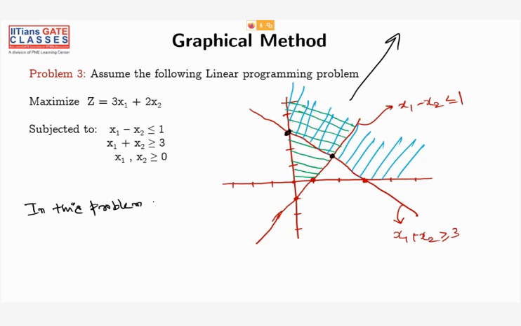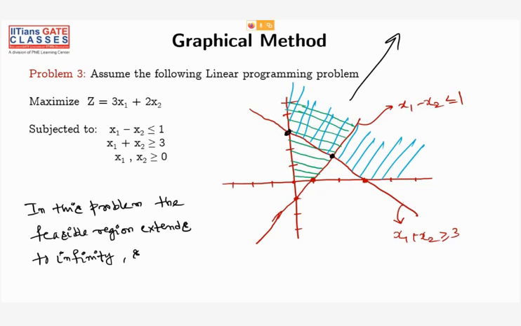the feasible region, feasible means shaded region, extends to infinity, right?